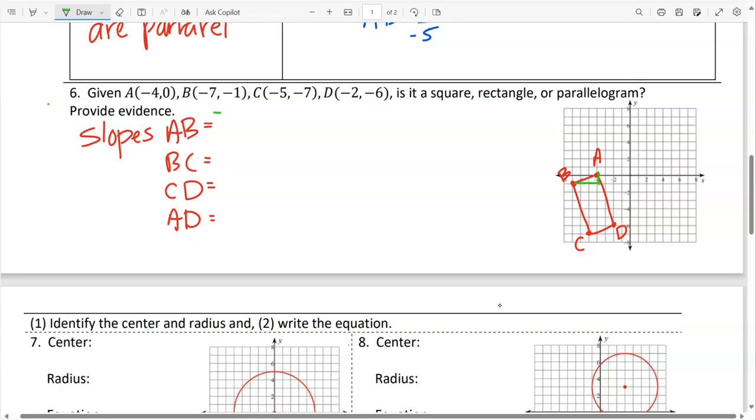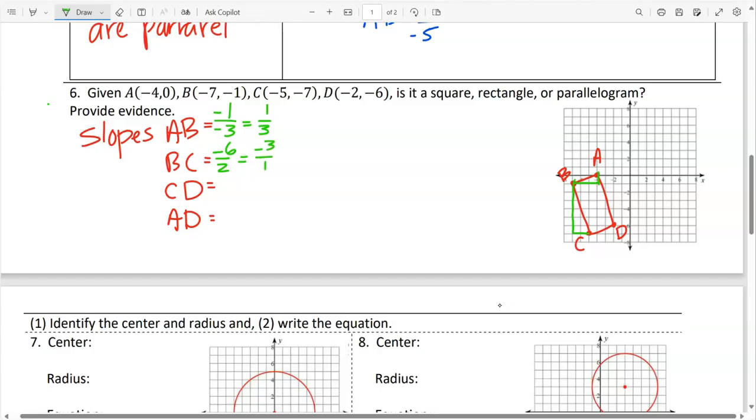So -1 over -3 is equal to +1 over 3. B to C: -1, 2, 3, 4, 5, 6, 1, 2. So a -6 over a +2 simplifies to a -3 over 1.